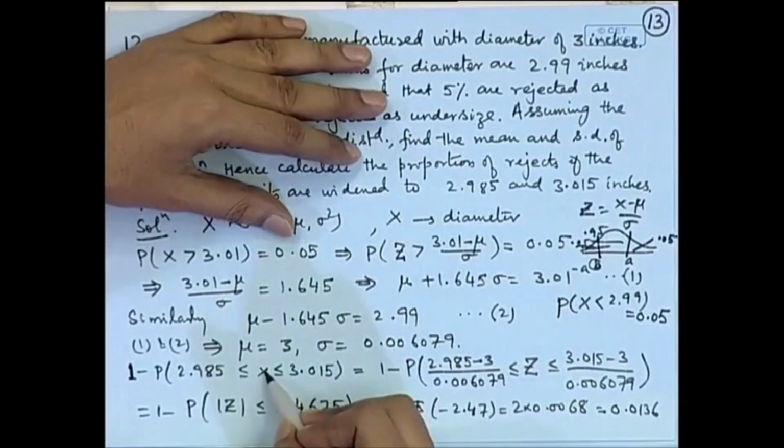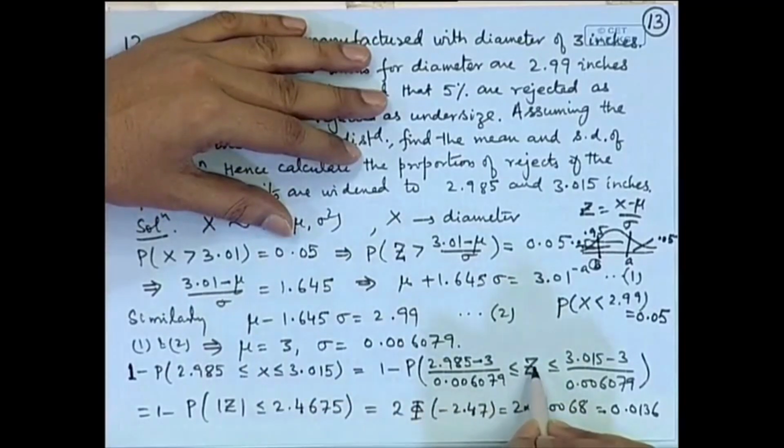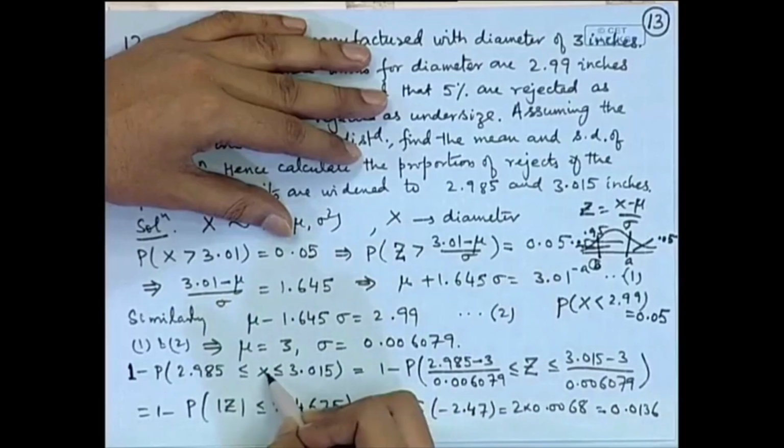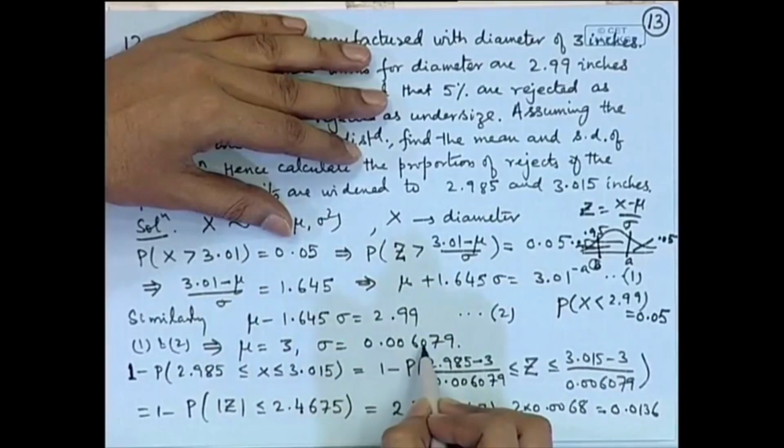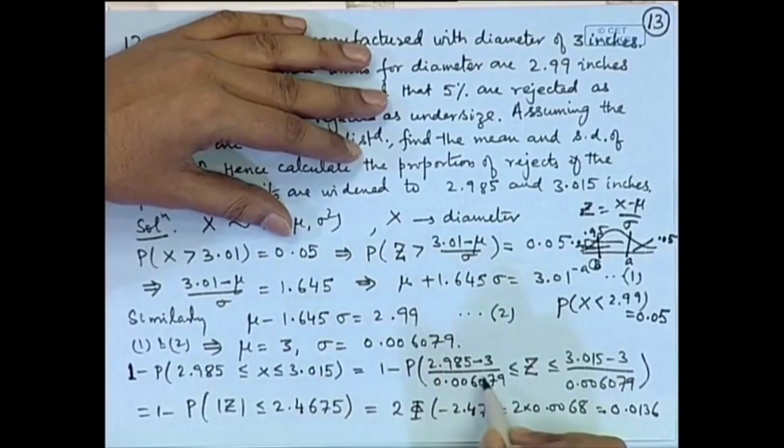We transform this probability to the standard normal distribution by subtracting 3 and dividing by sigma. After simplification, this term turns out to be 2.4675 and the other is the negative of the same term.